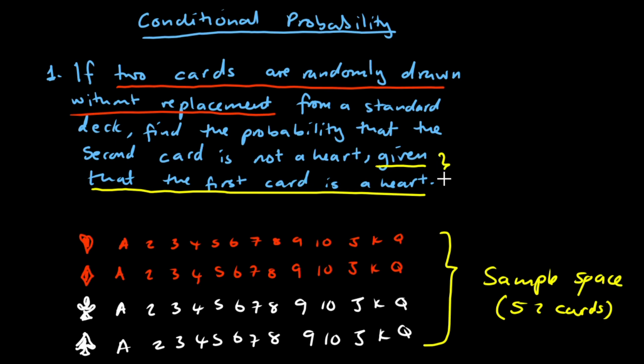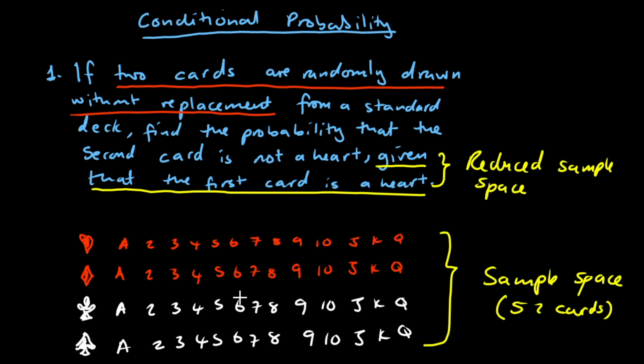This part gives us the reduced sample space. Meaning, from this sample space, I don't need everything because I have a condition.